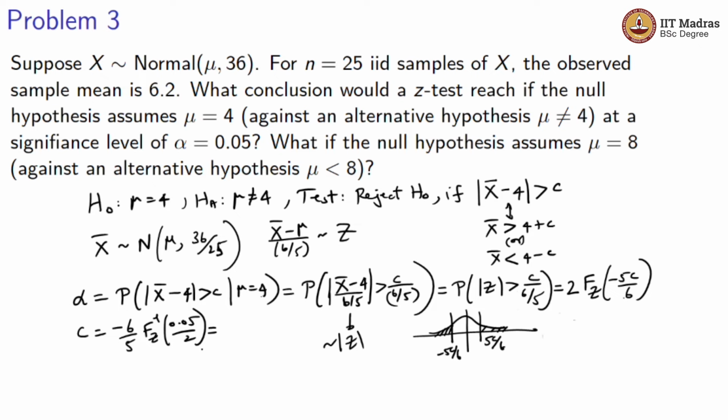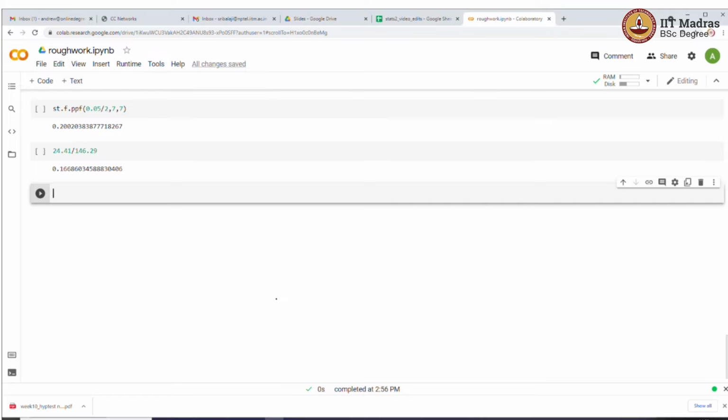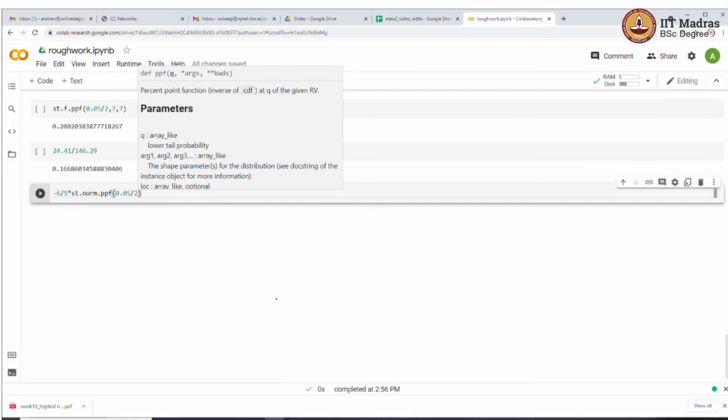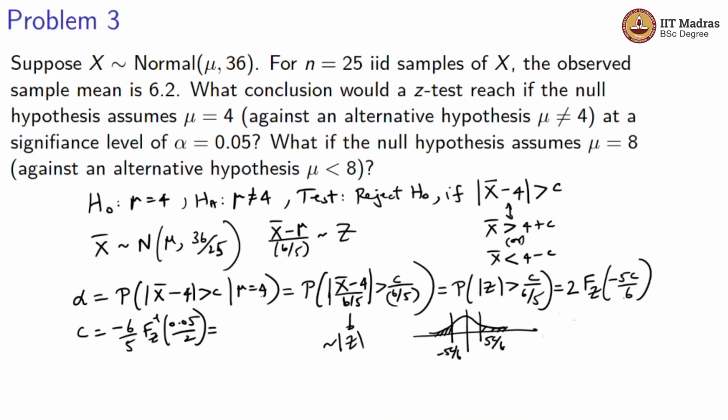Let's do this very quickly: minus 6 by 5 times st.norm.ppf of 0.05 by 2. Okay, so this will work out to 2.352. That's what it comes to.